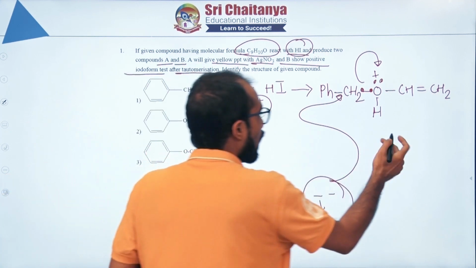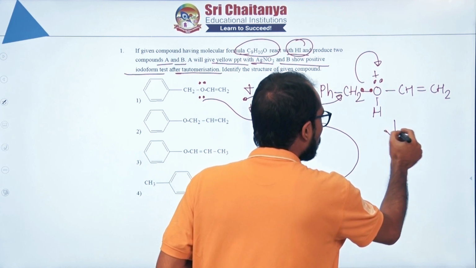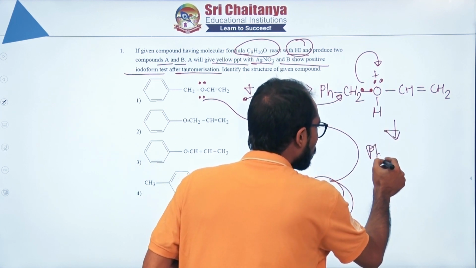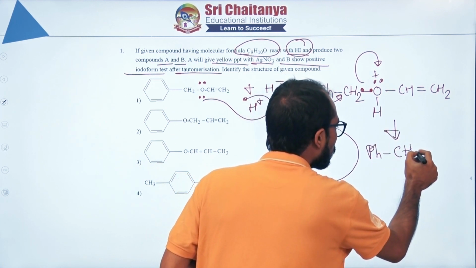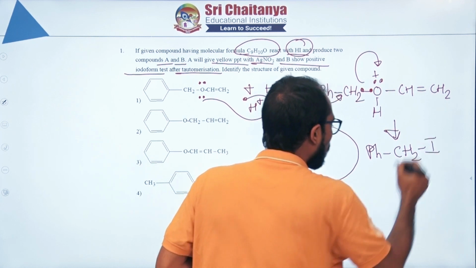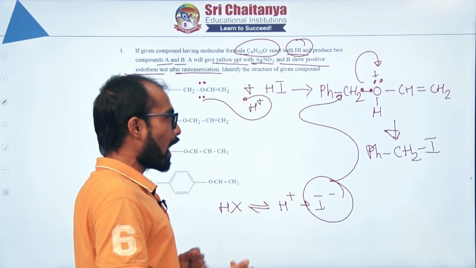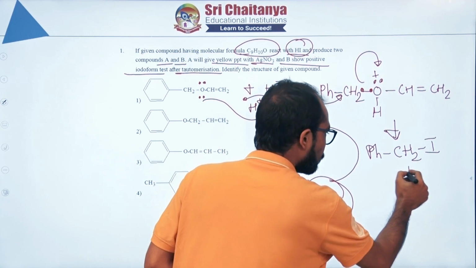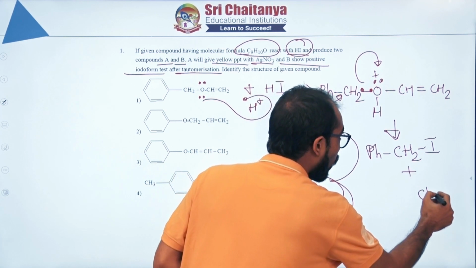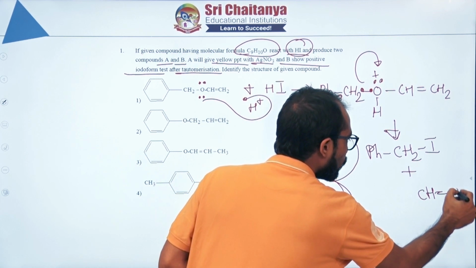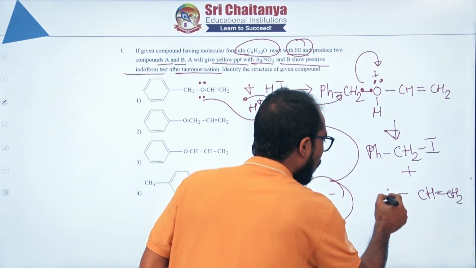And if it happens, what you are going to get is this particular compound after the attack of I minus, and you are going to get an enol.